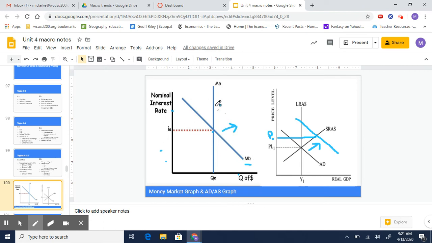When people demand more money, the demand for money, I'm just going to say M1 there, shifts right. Now look at what happens to the interest rate. The interest rate is higher. The price of borrowing is higher. So those are a couple things you got to know here too with the money demand curve. The money demand curve is directly connected to inflation. When there's higher inflation, the money demand curve shifts right. People need more money.